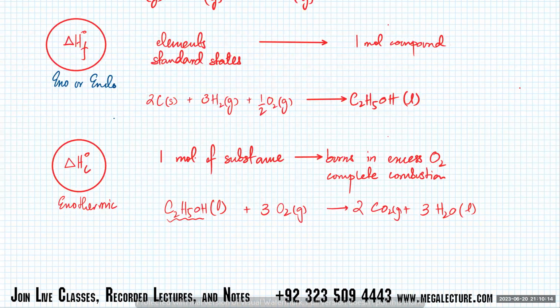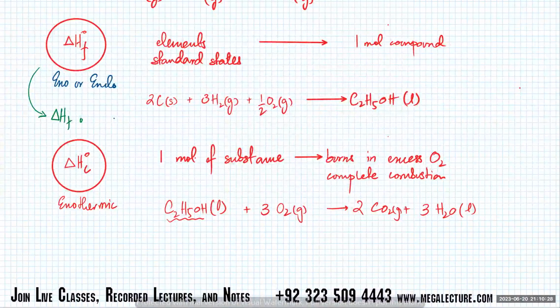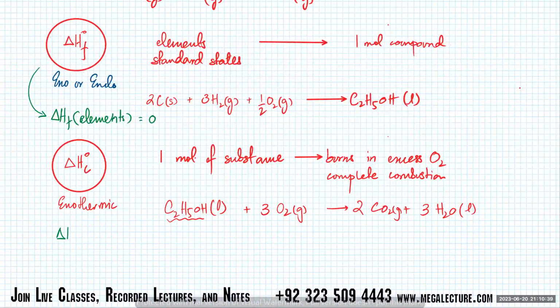और इसके अंदर ये याद रखें कि formation of elements is always 0. So delta HF of elements is 0. और इसमें याद रखना है कि delta HC of, let's say, carbon dioxide is 0 because you can't burn it in oxygen, you'll still get carbon dioxide. और बस ये delta HC of water is 0.